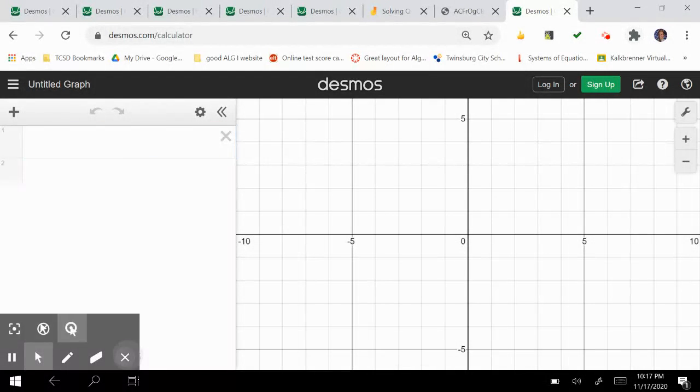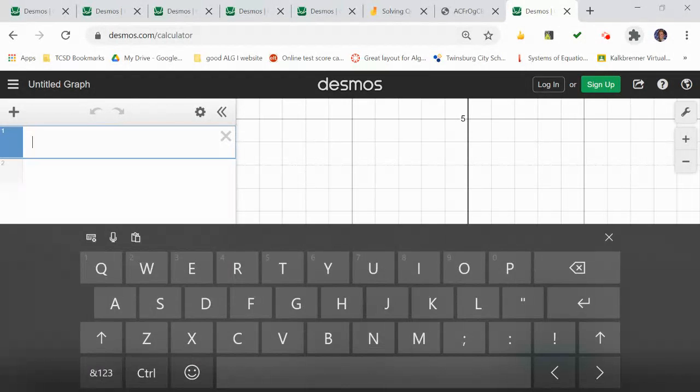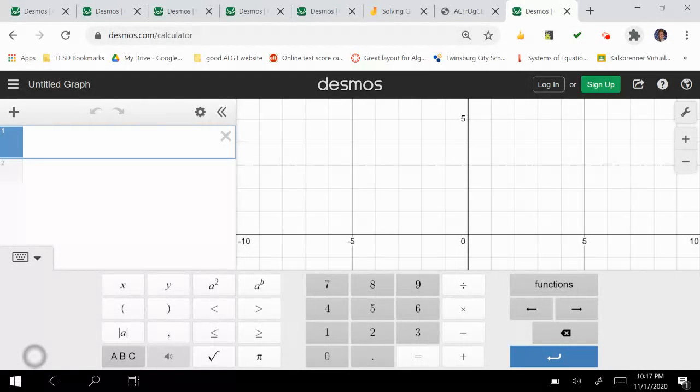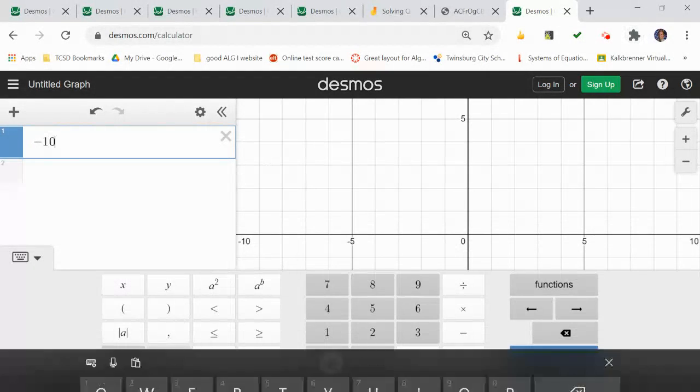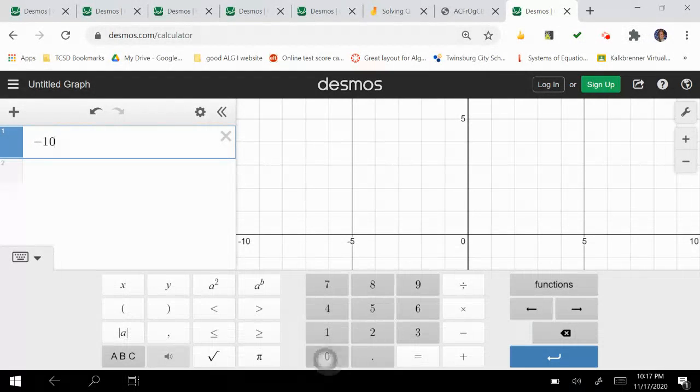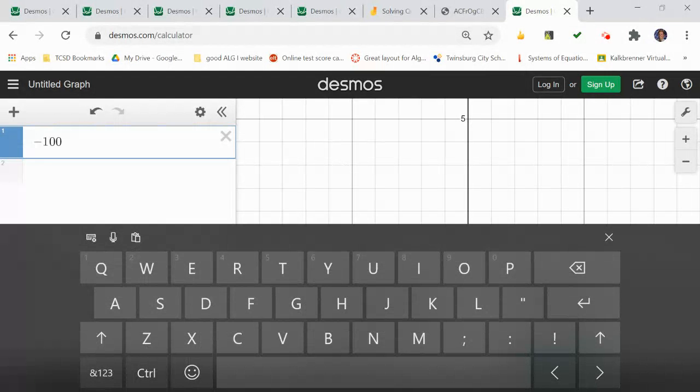I get this whole mess again, -100. If I try to square root that, what happens?